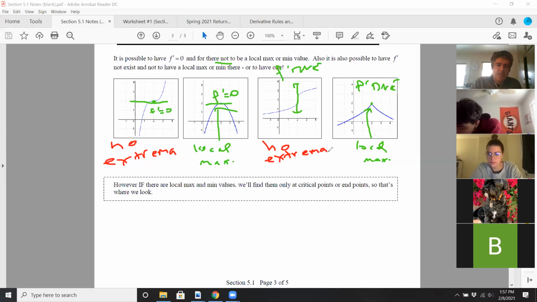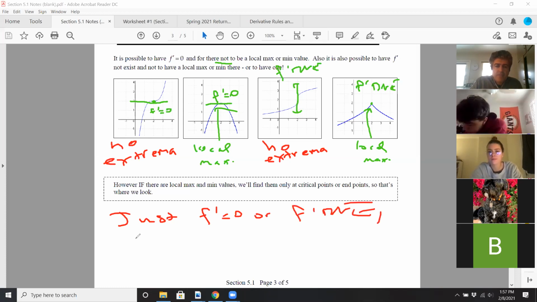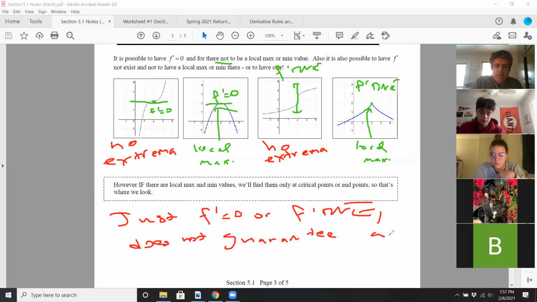So what we're noticing is that just because f prime equals 0 or f prime does not exist, does not guarantee an extreme value, but it could happen.